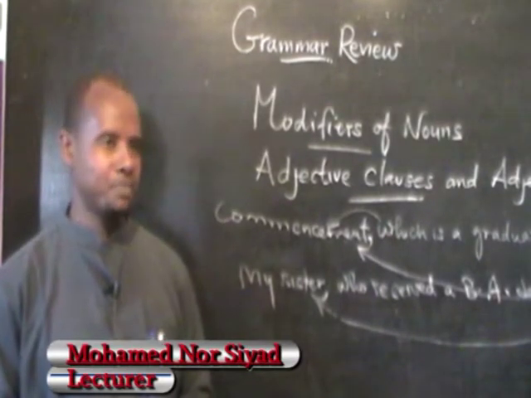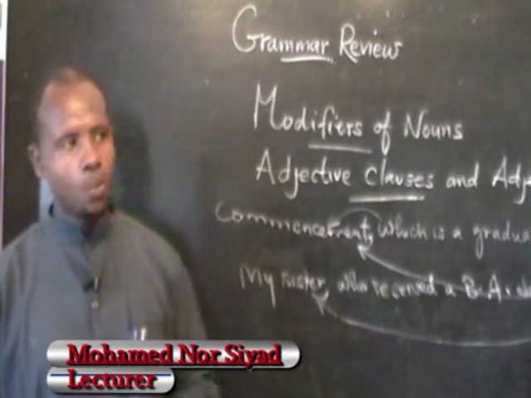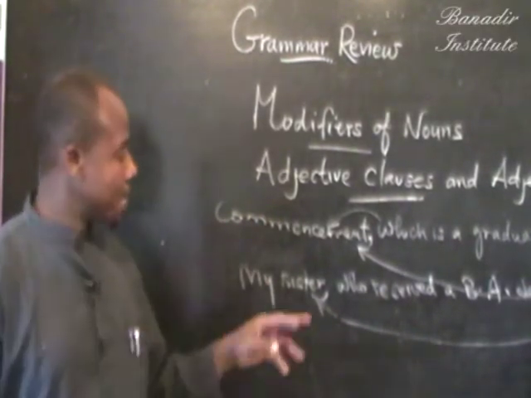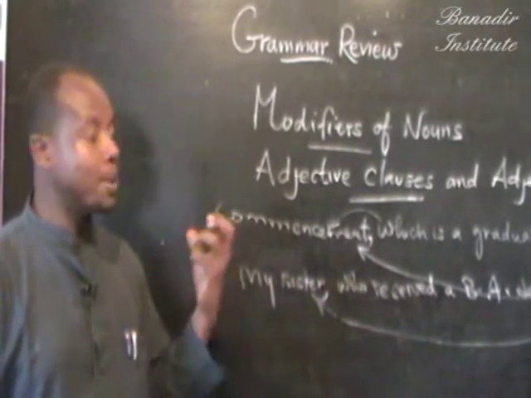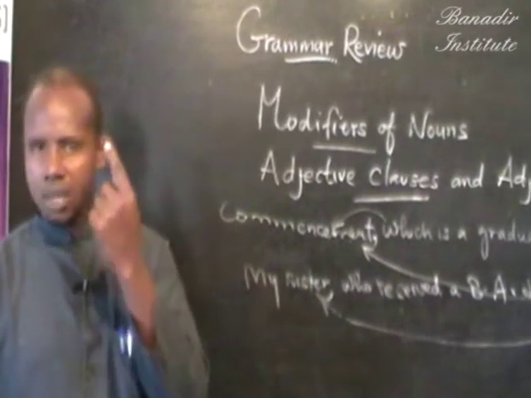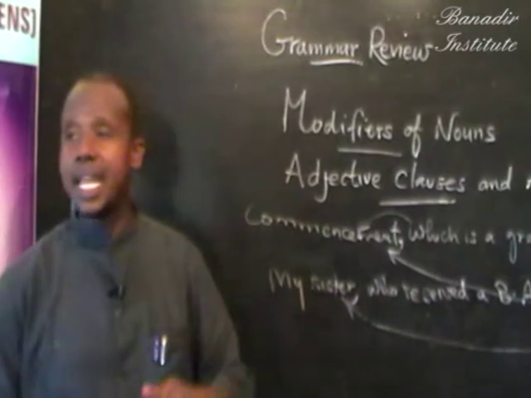Which sister? Maybe you have two or three sisters. Which one graduated last night? My sister who received a BA degree. Now, I'm talking about one person, the one who received a BA degree.